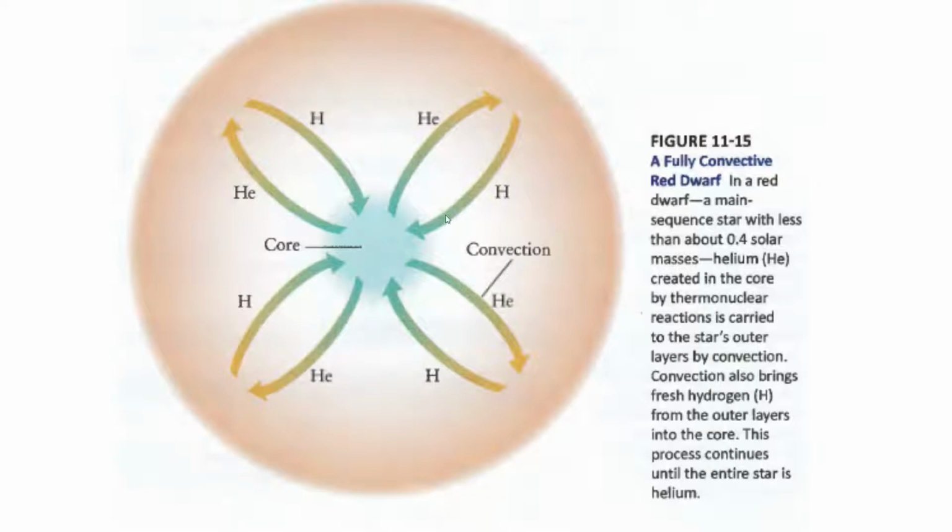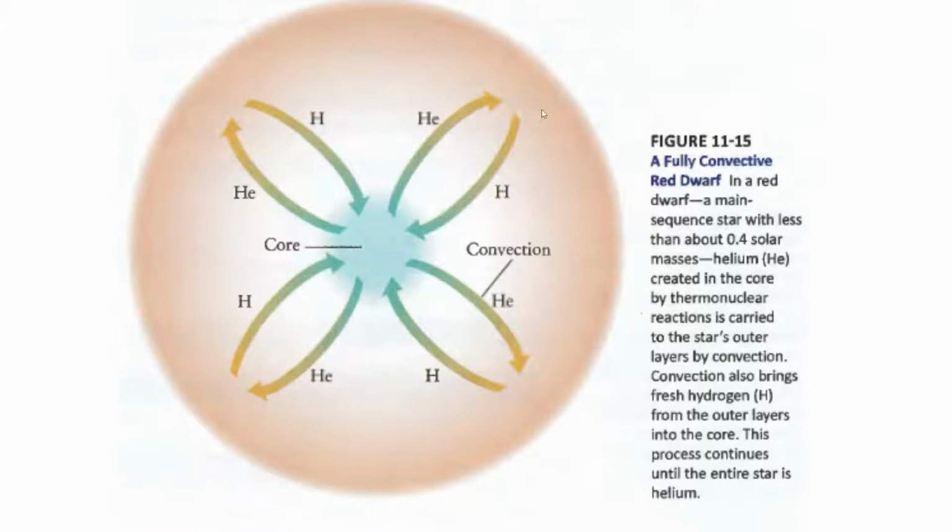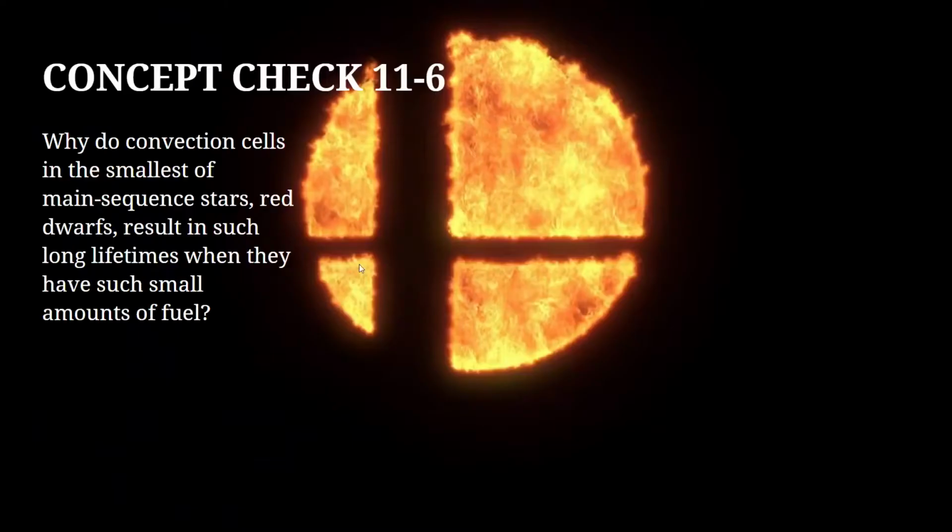But if the star is small enough, the convection currents happen throughout the entirety of the star. So as you make helium here, the helium expands, goes all the way out here, and this helium gets to go back down into the core. Our sun's helium on the surface will never make its way into the core. It can't, because the convection currents are only up here. But for a red dwarf, they definitely can.